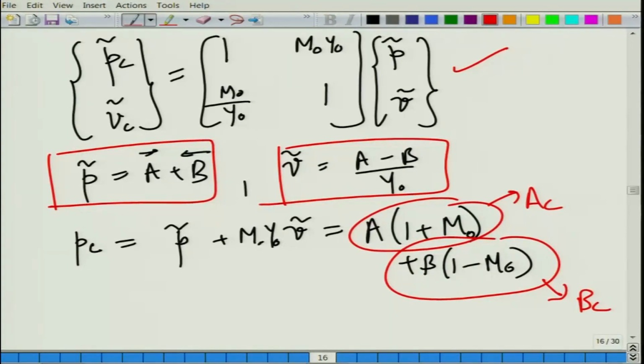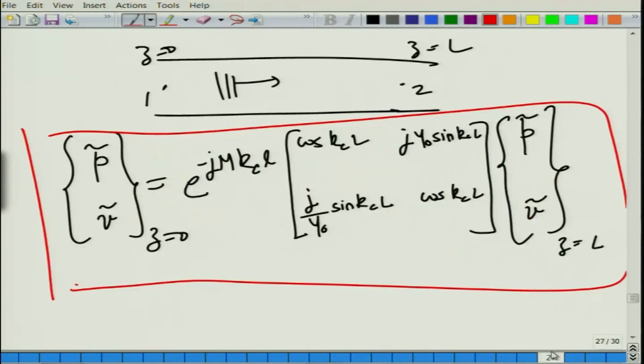So, P and V are just the inverse of this into this, isn't it? So, now that we have derived this, this is equal to the inverse of the matrix that I had shown you, and this matrix we could basically relate it, isn't it?